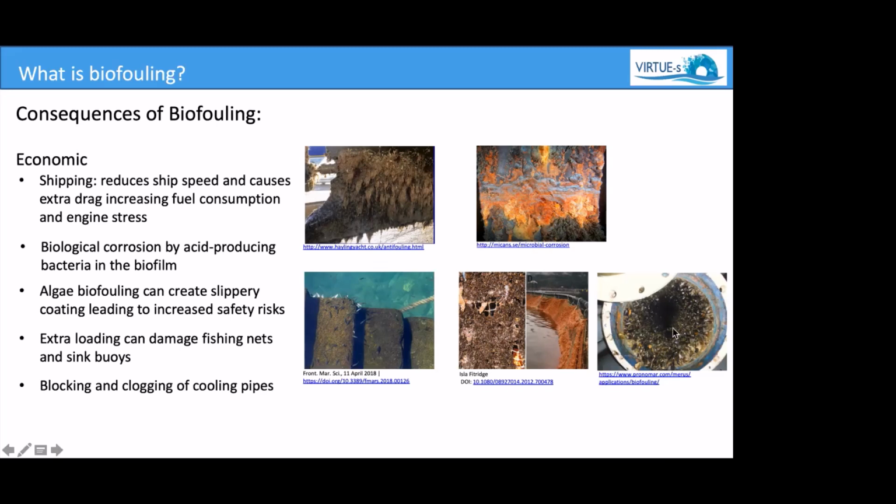So here you can see that the diameter of the cooling pipe has already decreased, so that it becomes less efficient. Okay, and all this causes enormous costs for cleaning and eradicating the foulers.